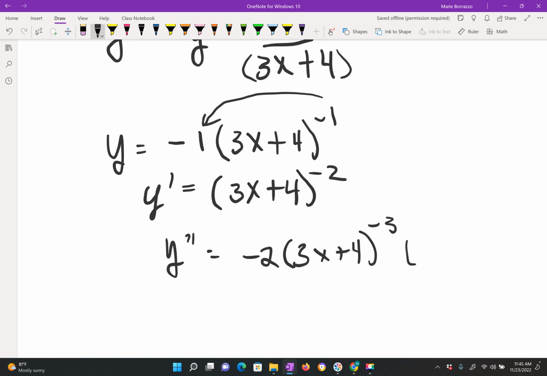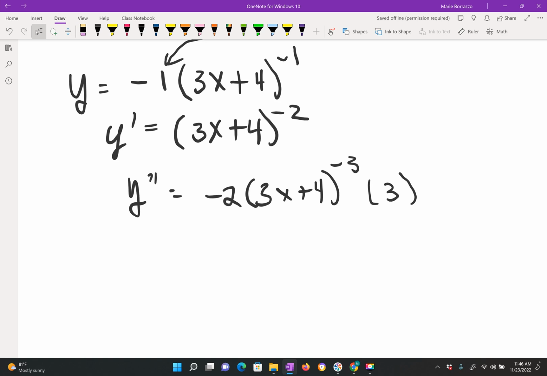And then now we're in chain rule, so times 3, you have to take the derivative of the inside. This gives me -6. I have to differentiate once again. I think I missed a step, or I went too quick. This is first derivative, second derivative.